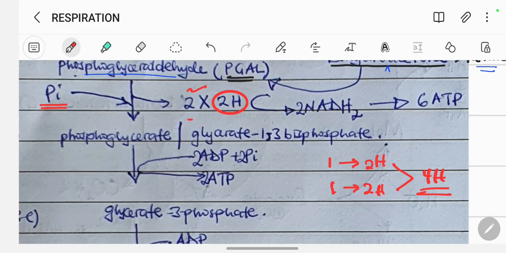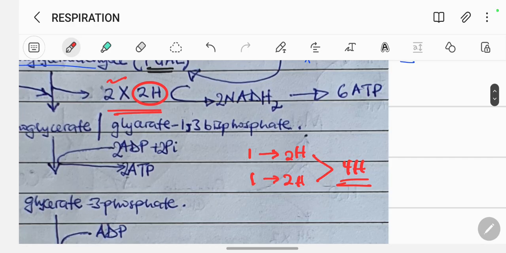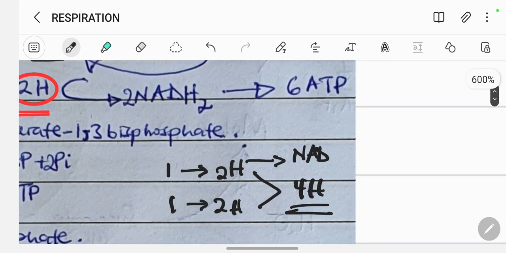It's what I've indicated here as 2 times that. When we give off 2 hydrogens, these are picked up by oxidized NAD, and it's going to be turned to reduced NAD like that.